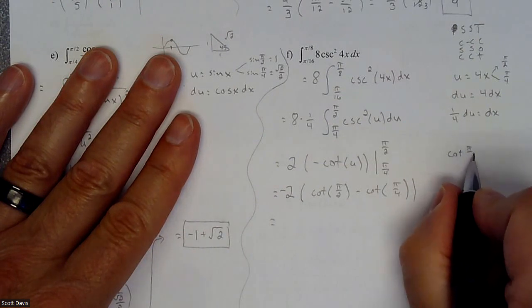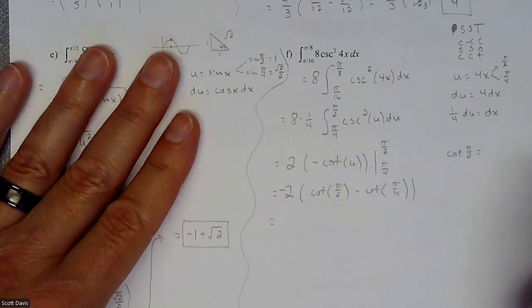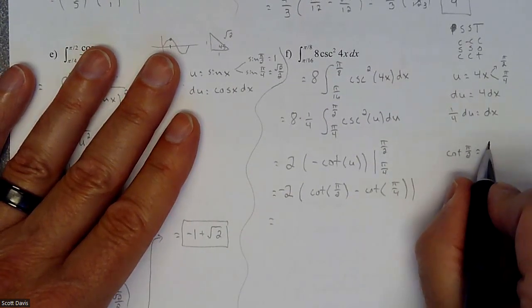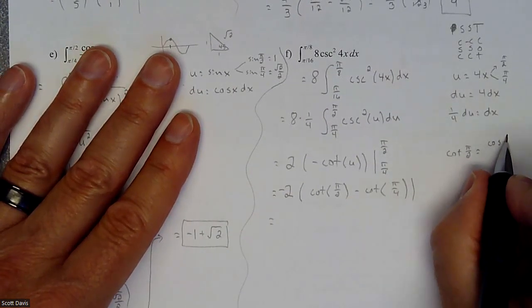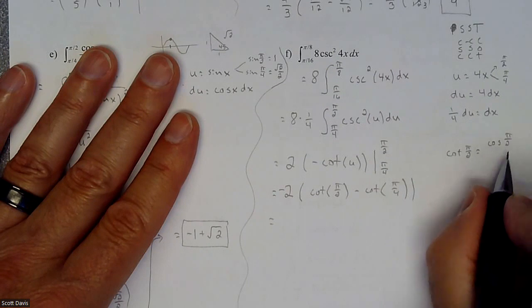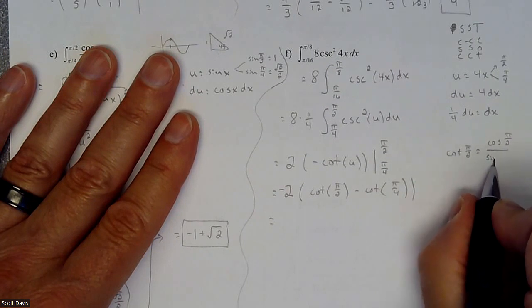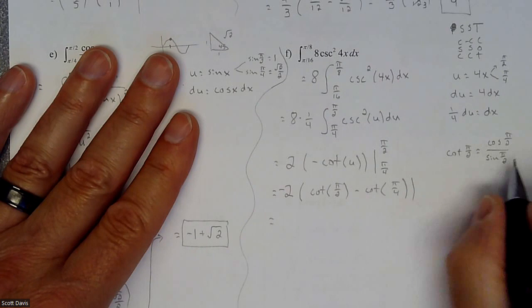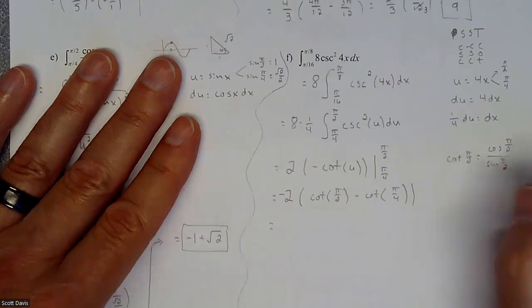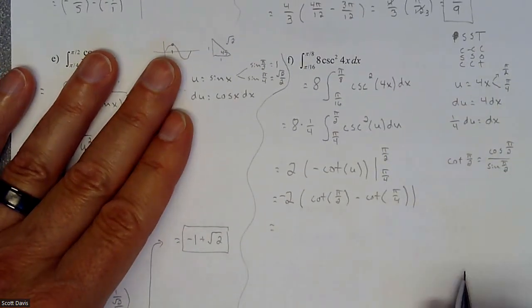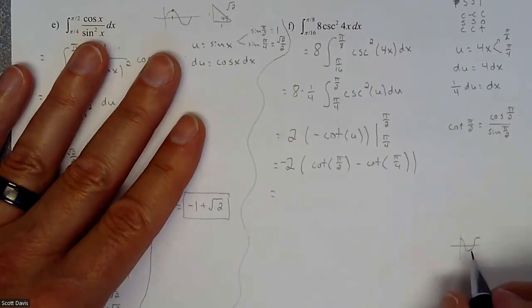Cotangent is cosine over sine. So you can do cosine of pi over 2 divided by sine of pi over 2. And the cosine graph looks like that.